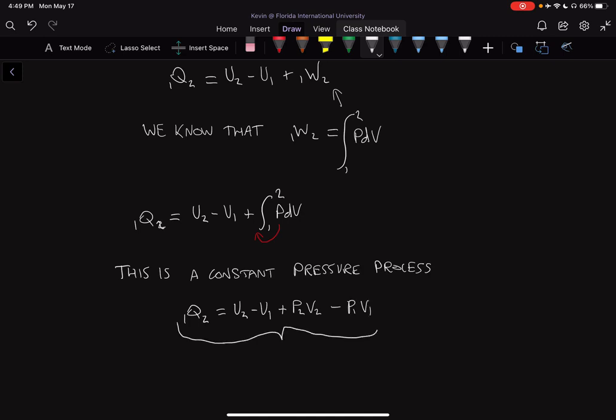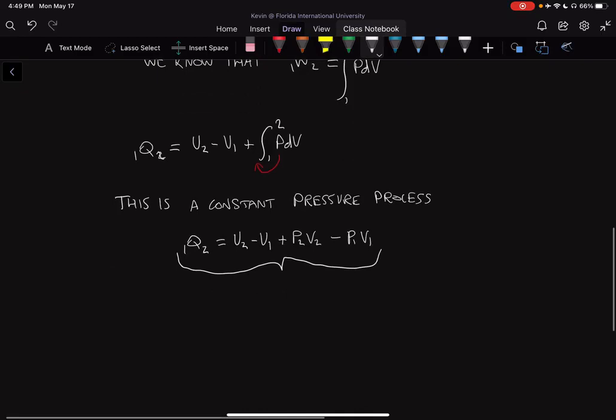I'm going to write a little statement below this. This is for this particular case. What it means is that the heat transfer is given in terms of deltas in the quantity U plus PV. So I'm going to write it down.